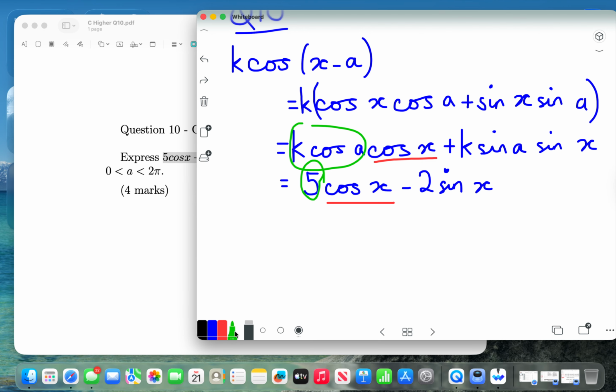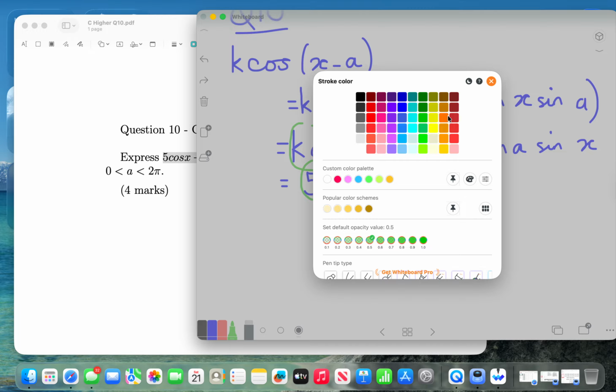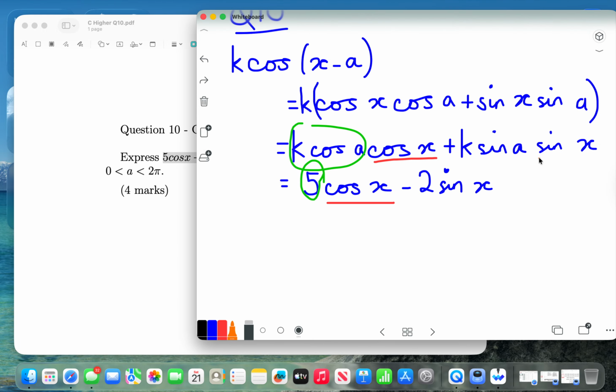But we also have sin x and sin x, meaning that we've got k sine a being multiplied by sin x, and we've got minus 2.